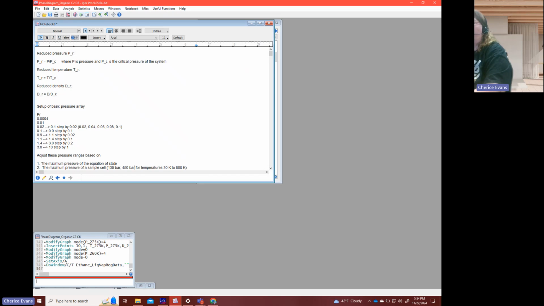The 130 bar sample cell can go for temperatures 5.5 Kelvin to about 400 Kelvin.